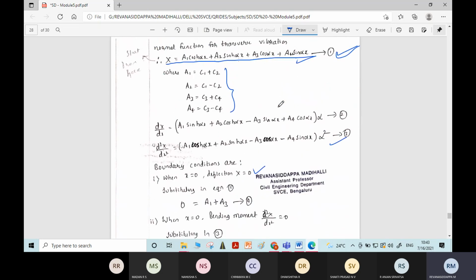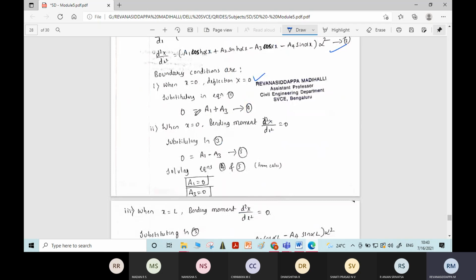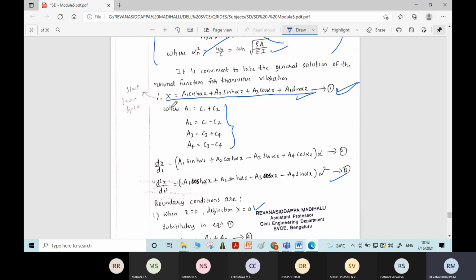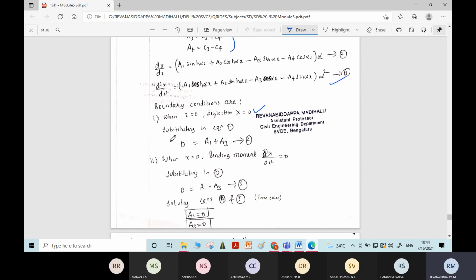In the equation 1, the final expression we got is the solution for displacement. When you double differentiate with respect to x, then you will get bending moment.